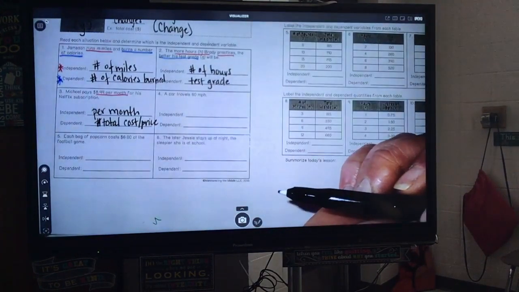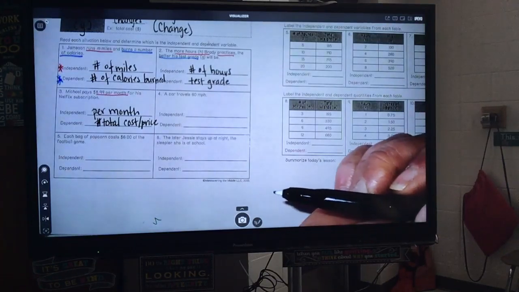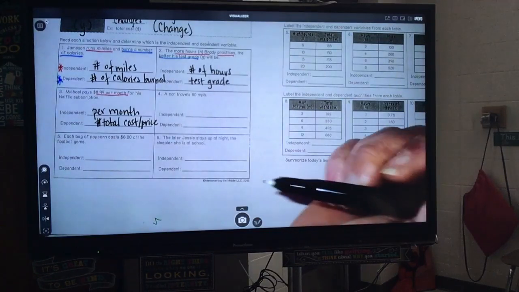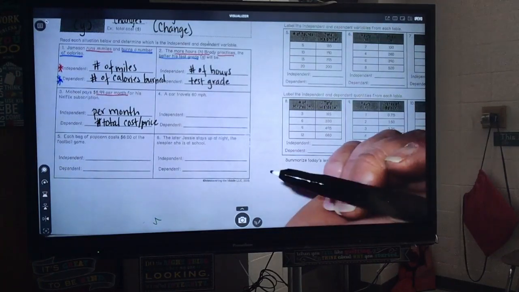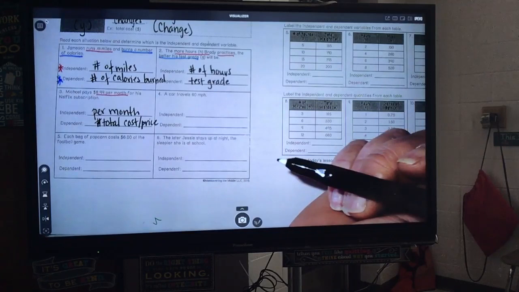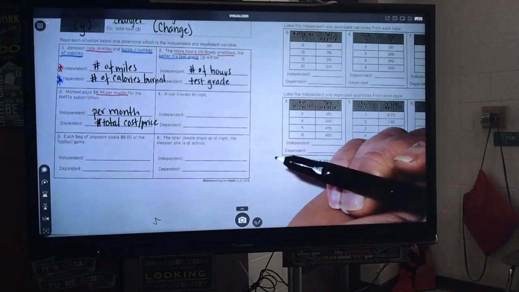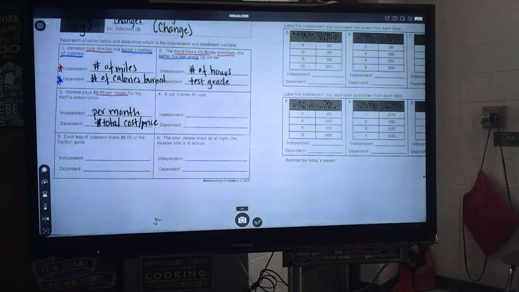A car travels 60 miles per hour. Leo? Number of miles? No. We already know the number of miles, right? So it's not going to be that.